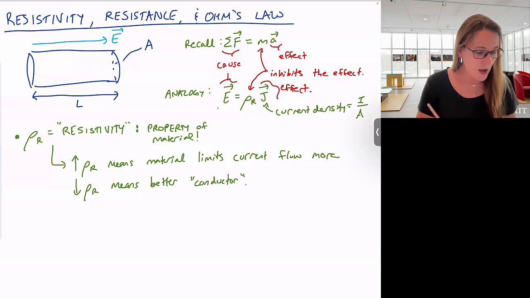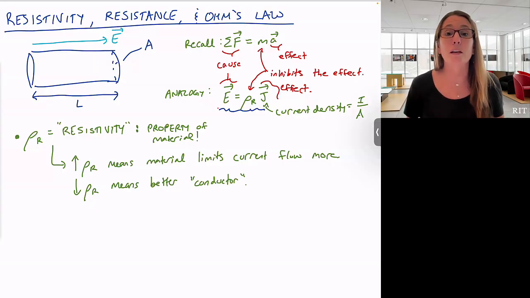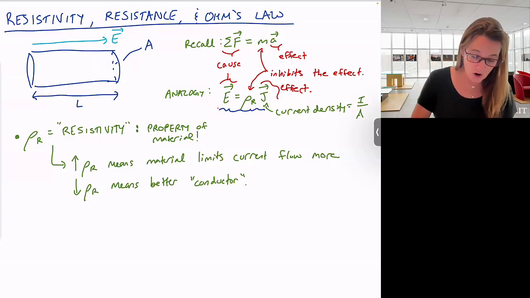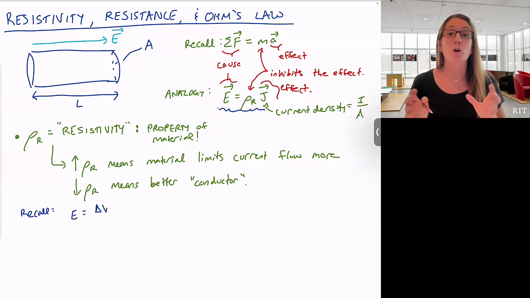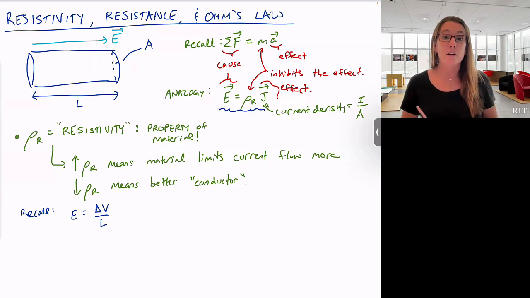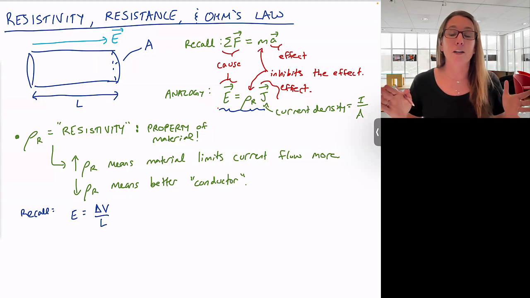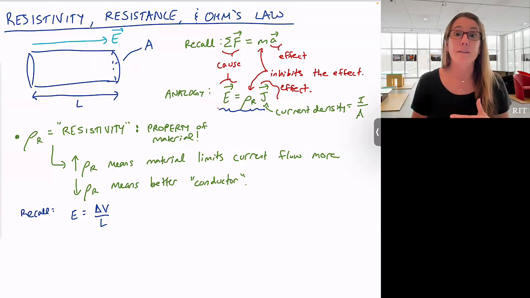So if we think about this equation here, and we just put in what we know, recall here that electric field is going to be equal to volts per meter. So if I just have some set length here, then my delta V is going to be equal to the electric field times that length.